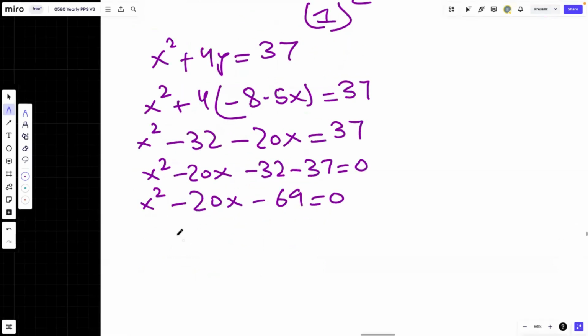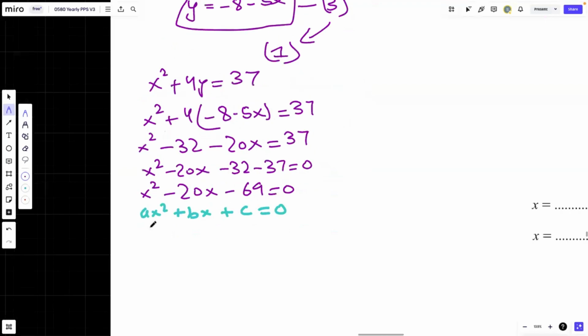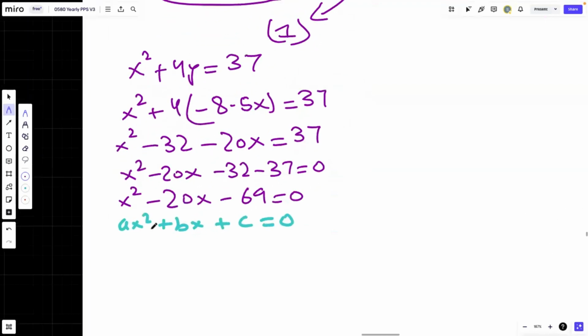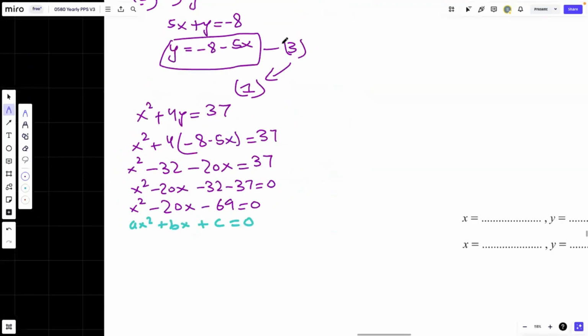Okay, now we have a quadratic here. Ax squared plus bx plus c. That's your quadratic equation. Now there are multiple ways you can work around this. You can try factorizing. You can try the quadratic formula.